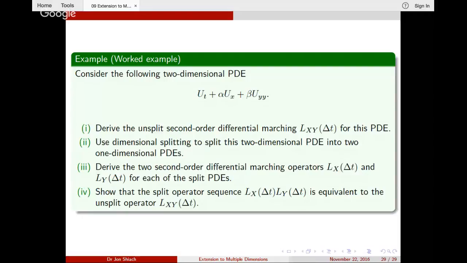So what I'm going to now do is factorize out delta t. Here I've got delta t, which is minus alpha delta x, and I've also got a delta t times minus beta delta yy.